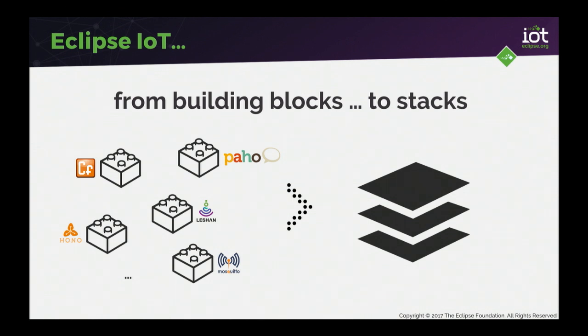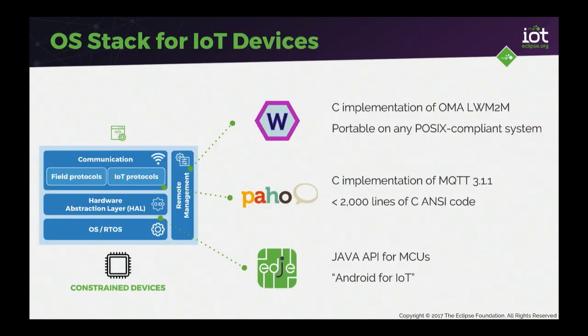Rather than just getting a communication stack that you will have to integrate yourself in your microcontroller, what if this was combined with some kind of hardware abstraction layer as well as a device management stack, and then you basically get a stack that you can run on your controller, right? That's what we're trying to do for devices.